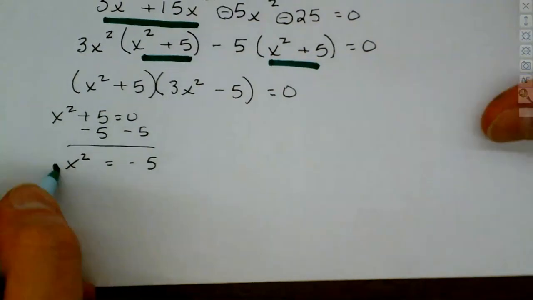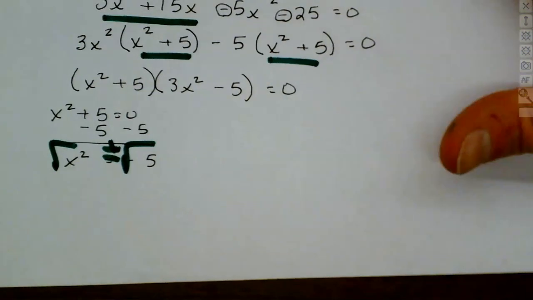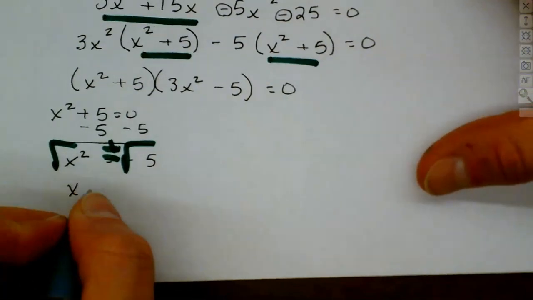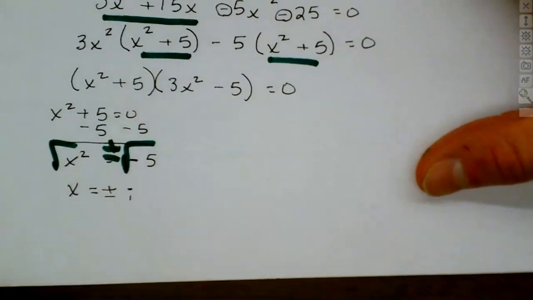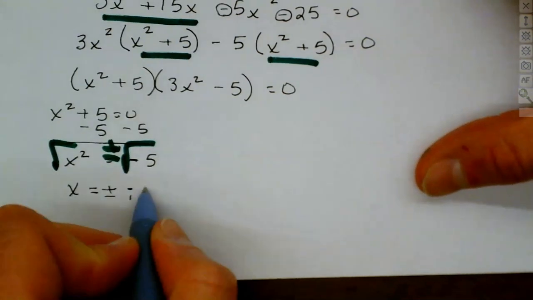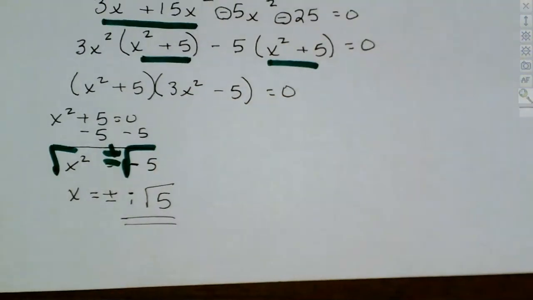And whenever you take a square root, what does that add on? Plus or minus. So that gives me then x equals plus or minus. Now it is negative here. So when i comes out, square root of 5 is left over. So there's that component. Right, so we factor that out. We work with that piece.